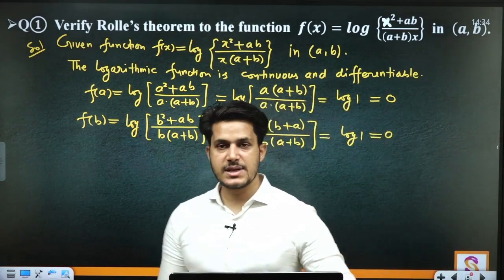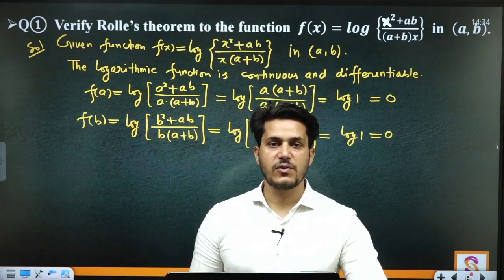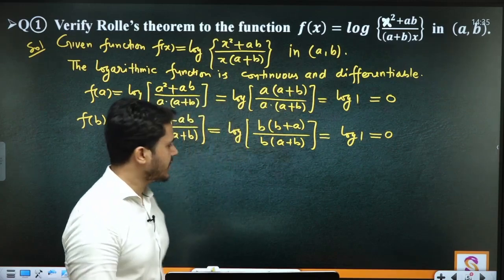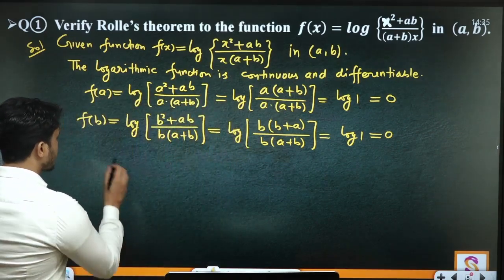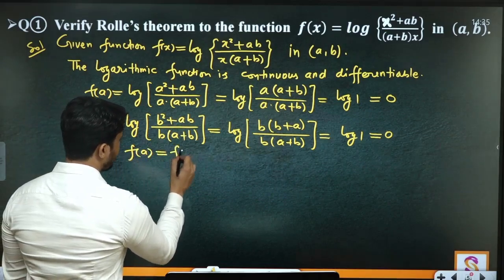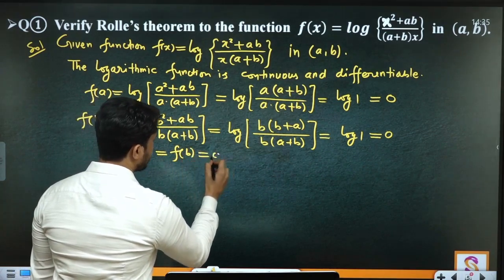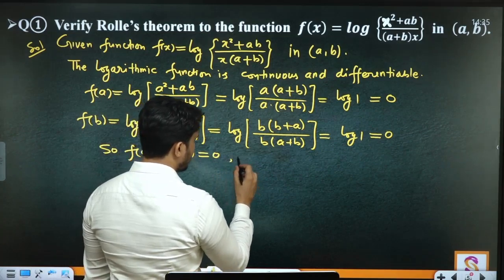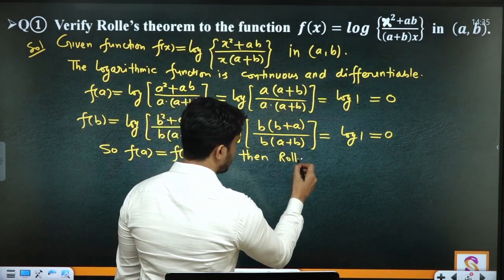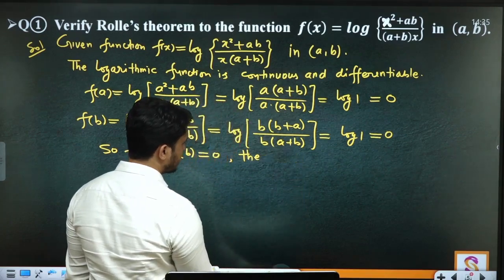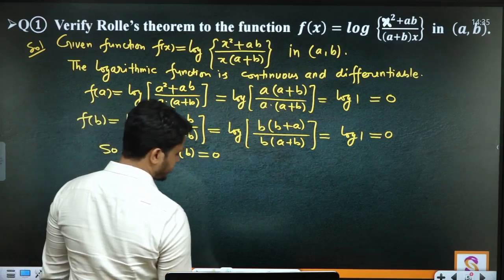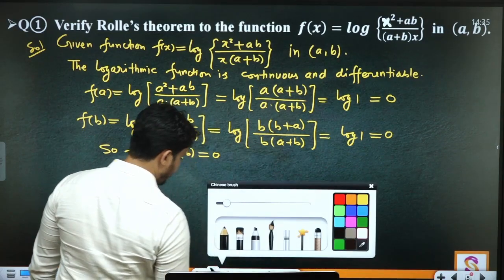Application of Rolle's theorem is only when f(a) equal to f(b), and also equal to 0. So f(a) equal to f(b) equal to 0. Now let us do the third thing, for c.